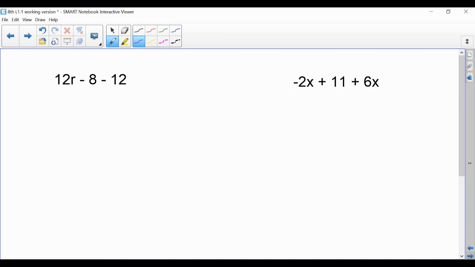Looking at the next one, we have 12r minus 8 minus 12. So now these are not like terms, so we have to make our categories. So we have r and we have numbers.